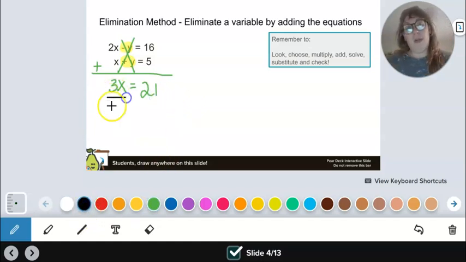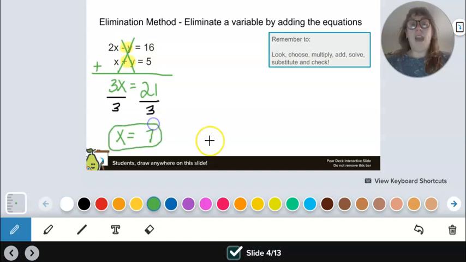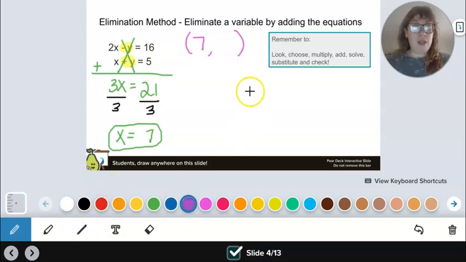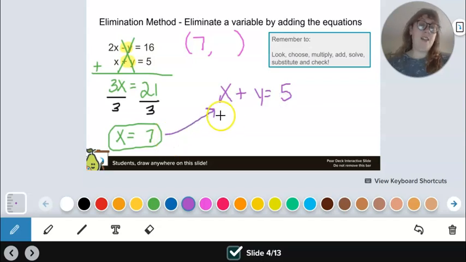Now, one-step equation, we'll just divide both sides by 3 to get x alone. So we get x equals 7. Just like that, again, we have our first part of the coordinate of our solution, which is going to be 7, comma, something. For this one, I would choose the equation x plus y equals 5. That's a nice and simple equation, and we can plug in 7 for x.